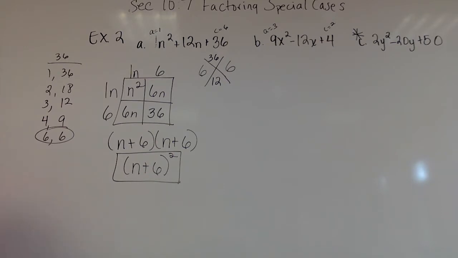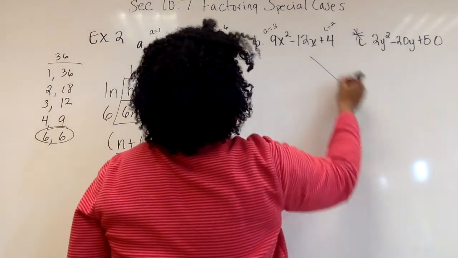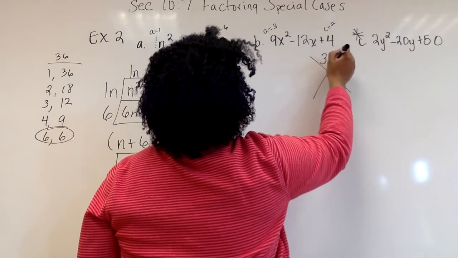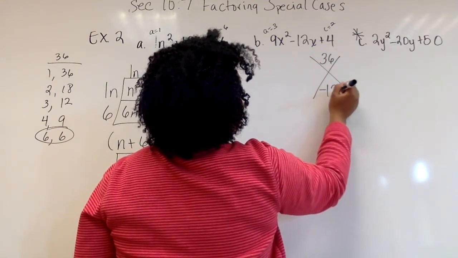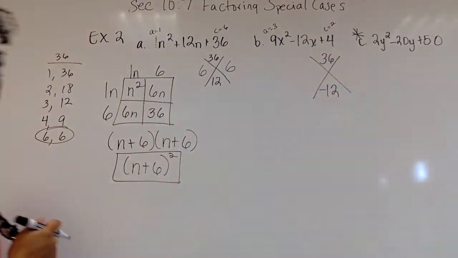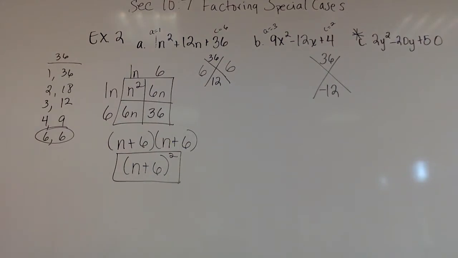Now let's do the same thing with letter B. I have 9 times 4 is 36. I need to know what I can use to get a negative 12 as my middle term.